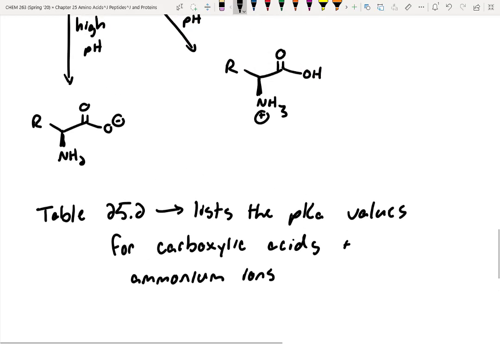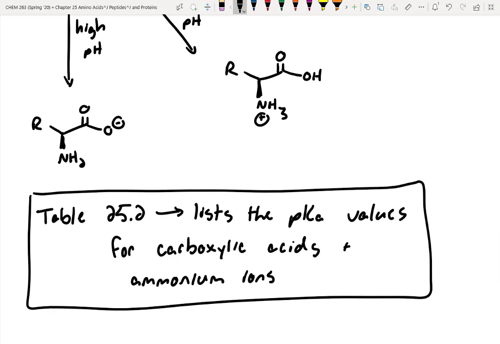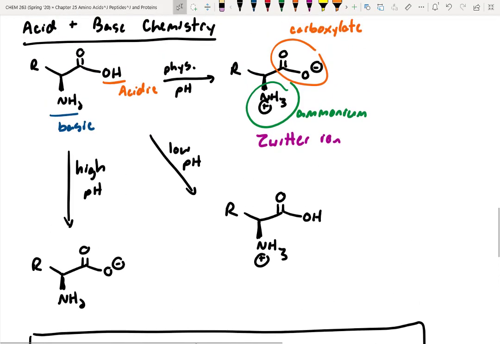And this is something that always threw me off when I was an undergrad. I always thought a pKa was just looking at your neutral molecule, but what it's saying is, what is the pKa of this ammonium ion? How easy is it to remove that proton from the ammonium ion? Is it really hanging on to that proton, or would it rather dump it off on some other base? And in addition, it's saying, what's the pKa of the carboxylic acid group?